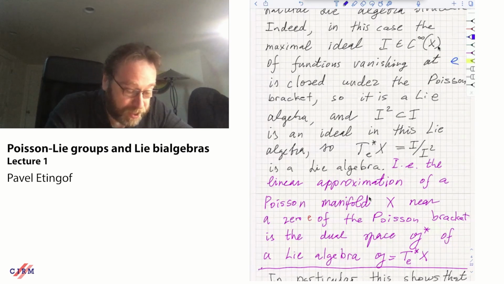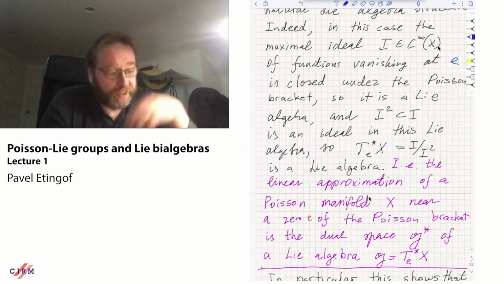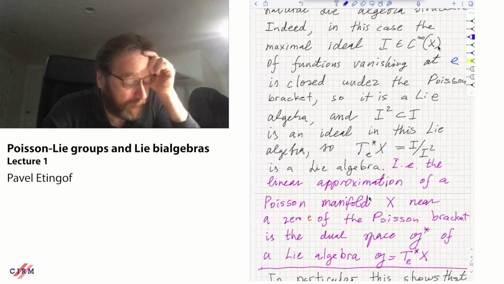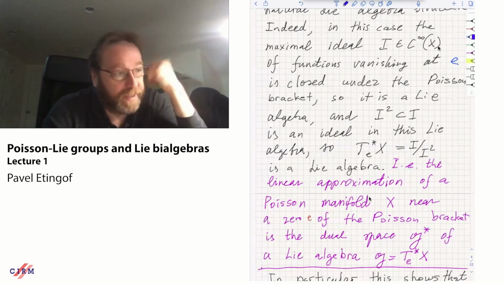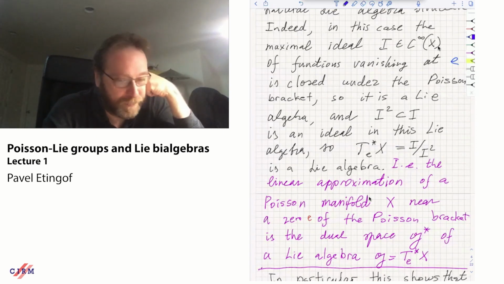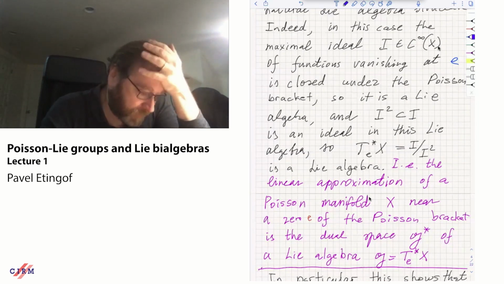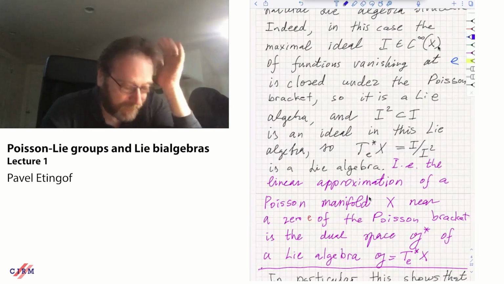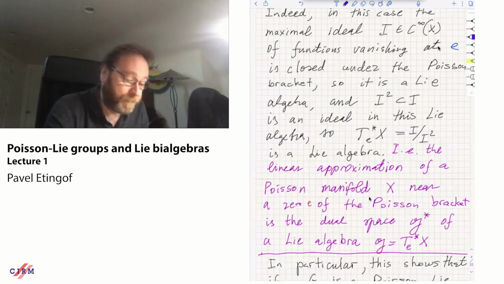That's the approximation of X. It's not true that X is locally isomorphic as a Poisson manifold to G star. It's true in some cases, for example, when G is semi-simple, then it's true at the formal level. But in general, it's not even true at the formal level, but at least it's a linear approximation.